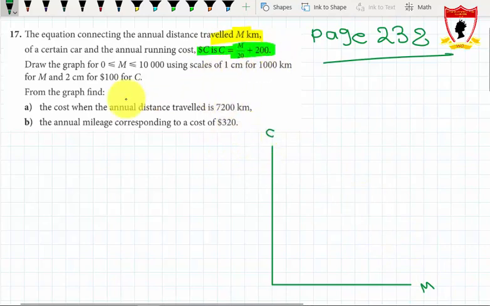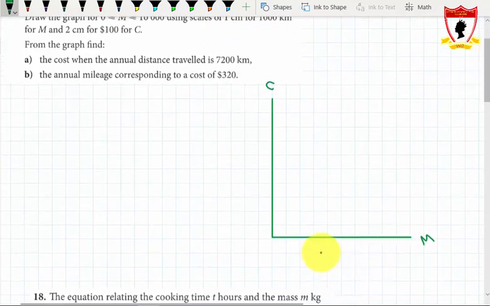Okay, now the scale should be 1 centimeter for 1,000 kilometers. So the first centimeter represents the first 1,000 kilometers. 2,000, 3, 4, 5, 6, 7, 8, 9, 10.